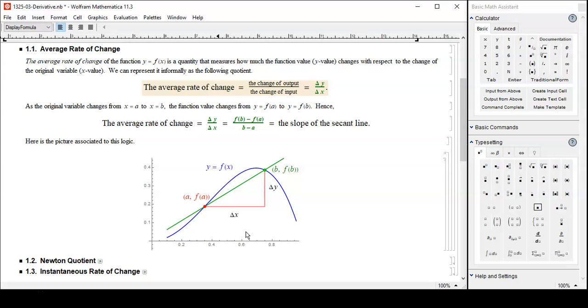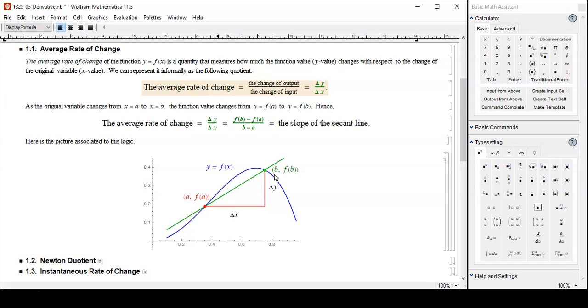Now let's look at this graph a little bit more closely. This originated from the graph of y equals f of x, blue, and these 2 points are a comma f of a and b comma f of b respectively, instead of x1 y1 versus x2 y2.